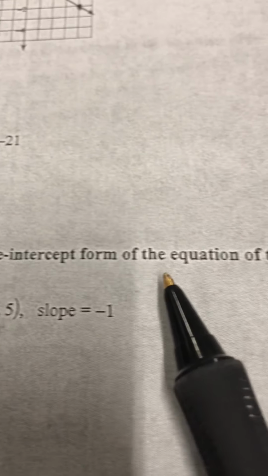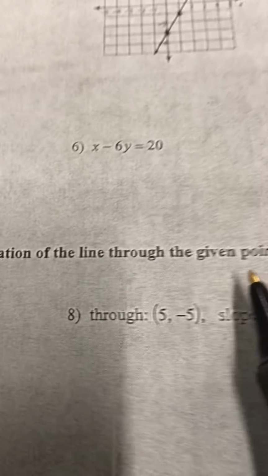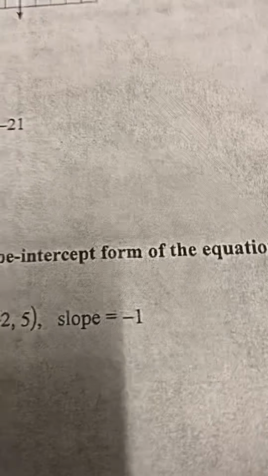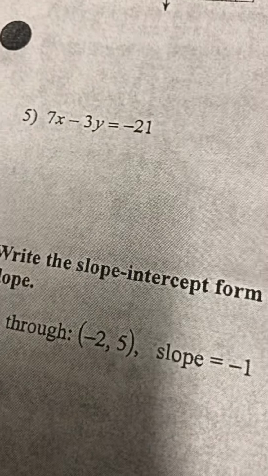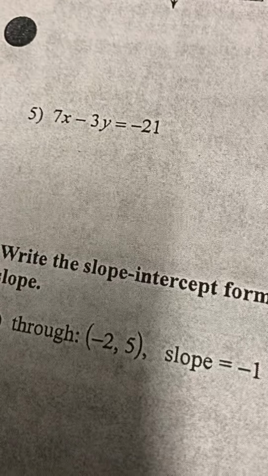Write the slope-intercept form of the equation of a line through the given point with the given slope. Looking at what you did yesterday or the day before, let me see here real quick if I can show you.